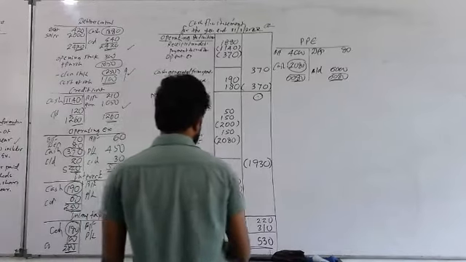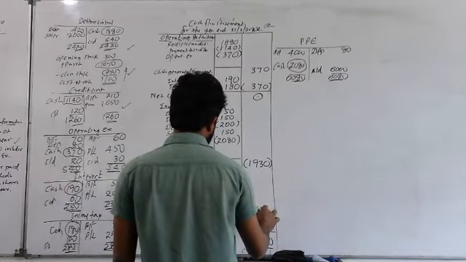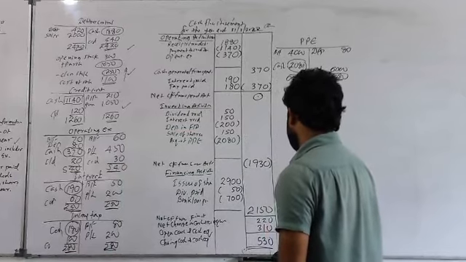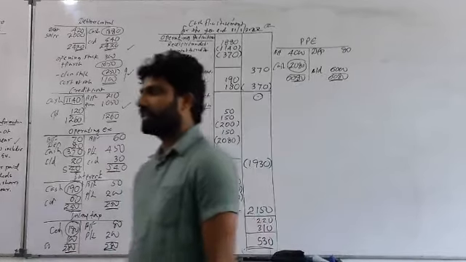Financing activities 2,150 plus. 2,150 minus 1,930. I know.